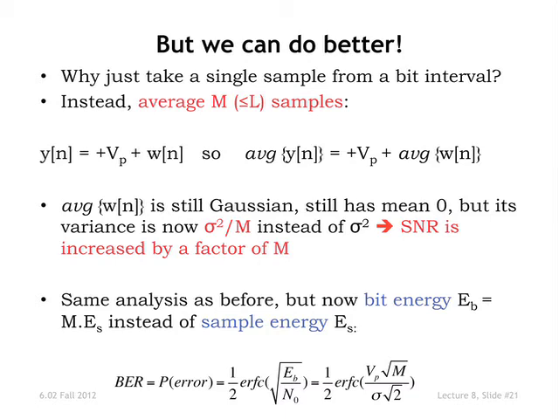That shrinks the noise component. You have the same kind of picture, but now with a higher signal-to-noise ratio. Now what you've got in the numerator instead of ES is EB, which is M times ES. You're summing the energies of all the samples that you've taken. And that's what we refer to as EB. It's the energy of the bit.